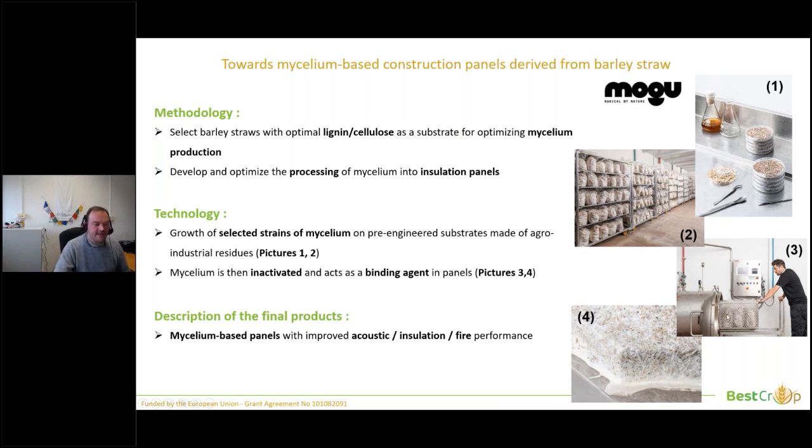Then the mycelia will be simply inactivated by autoclaving, and the mycelia will work as a natural binding agent, and this will lead to the construction of acoustic and insulation panels.